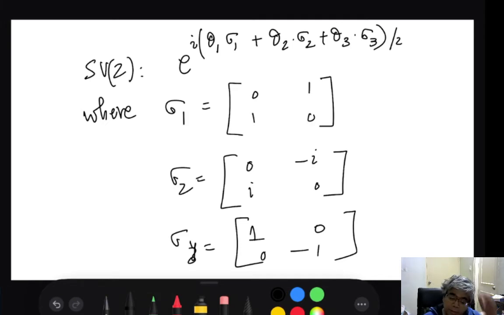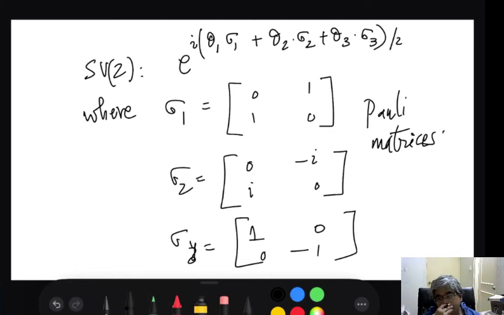So, the Pauli matrices. Every element of SU2 is given in terms of e to the power i theta, where theta can take values. Since it's an angular value, let's just take some values, and depending upon the value of theta you'll have all the elements essentially.